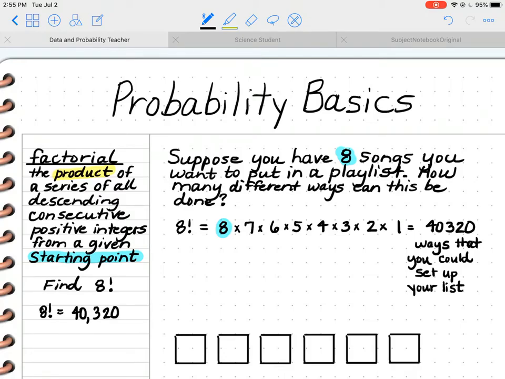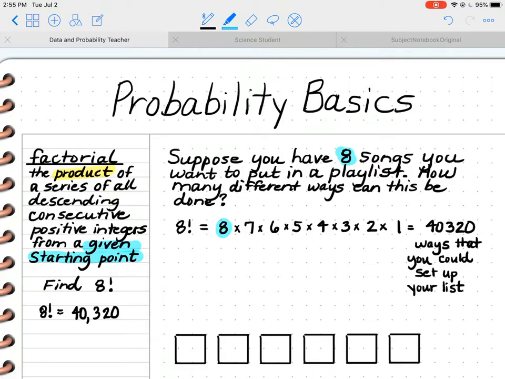And a factorial is the product of the series of all descending consecutive, that means in a line, you don't skip anybody, positive integers, so you can't count 0. 0 is not positive. From a given starting point. And again, the starting point is given to you. So we start at 8, we count down to 1, and we multiply.